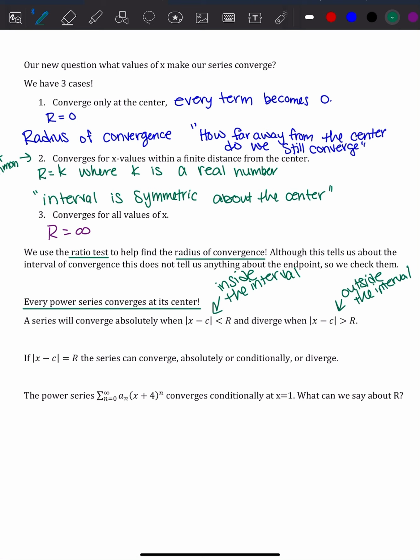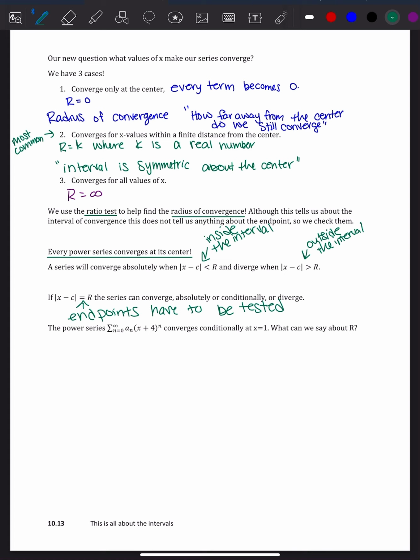Okay, so we have the power series, the summation from n equals 0 to infinity of a sub n times x plus 4 to the n, which converges conditionally at x equals 1. What can we say about r? So one of the things that we can say is we know what c is.